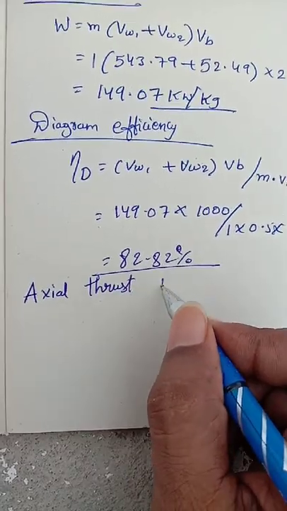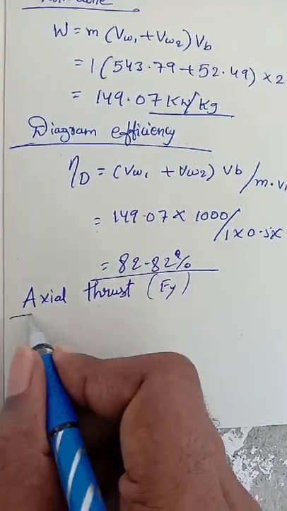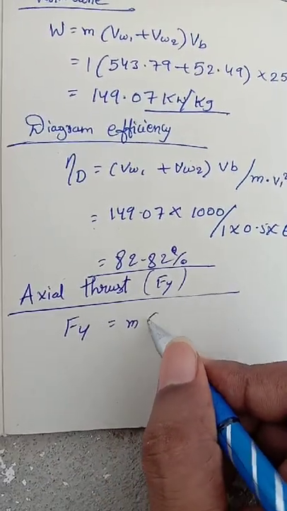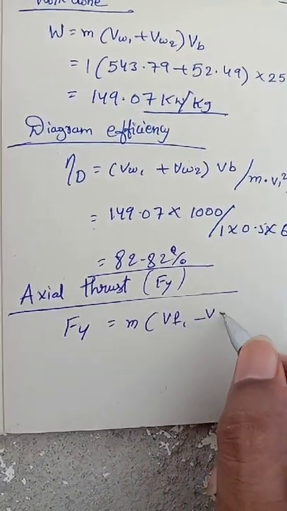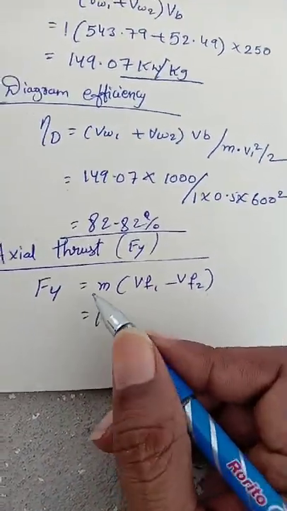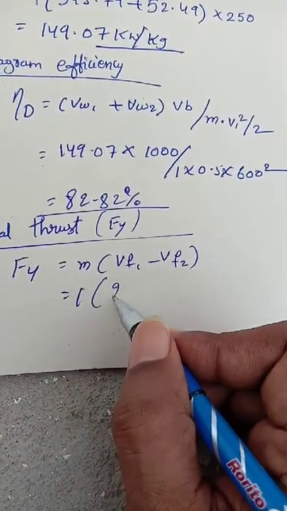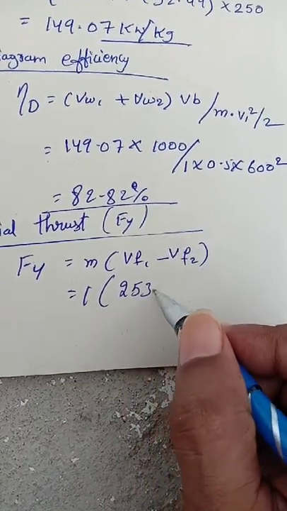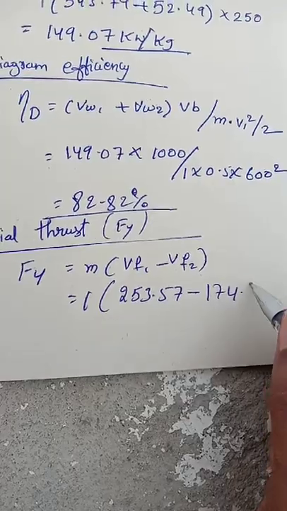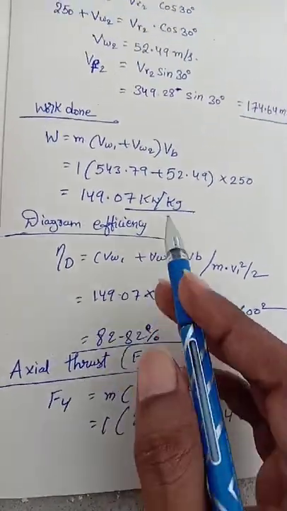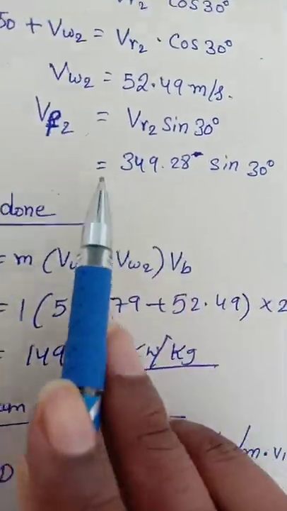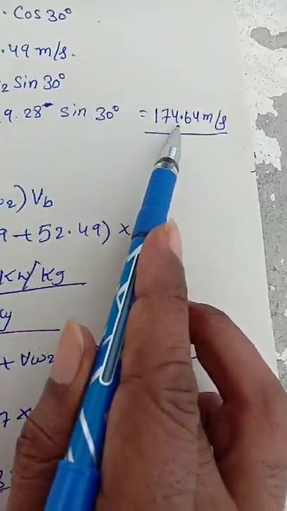Now go for axial thrust Fy. Fy is equal to m into (Vf1 minus Vf2). So m you can take 1. Vf1 is equal to 253.57 minus 174.64, Vf2 we already found.